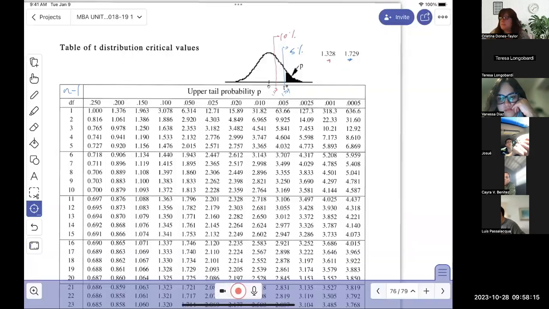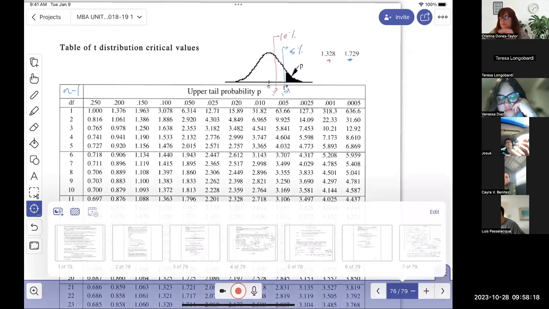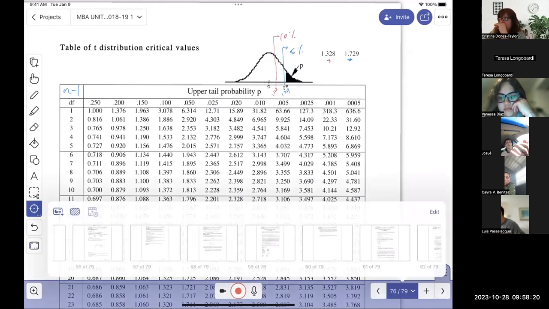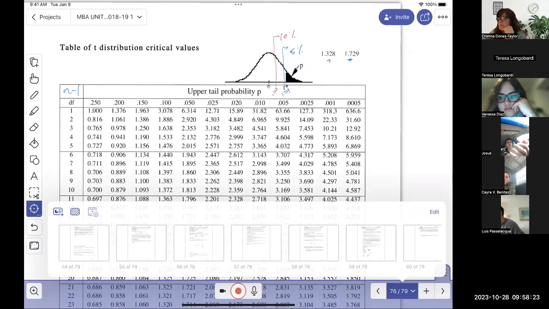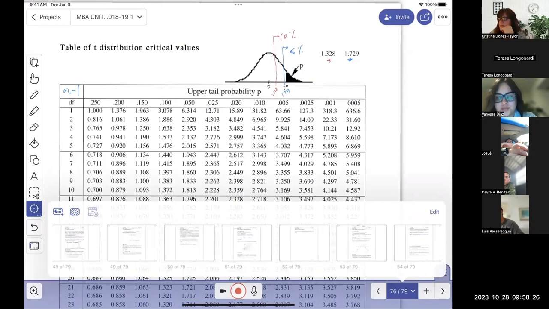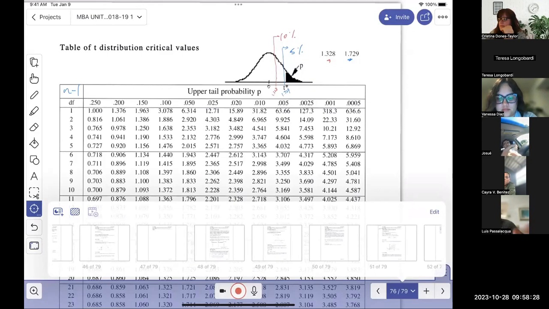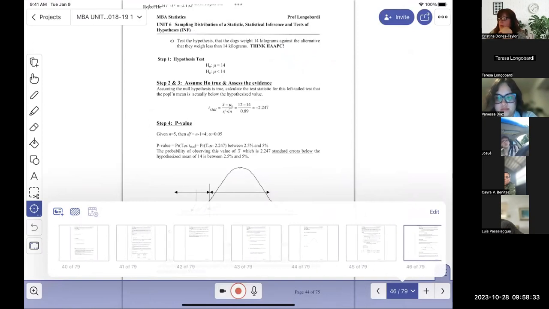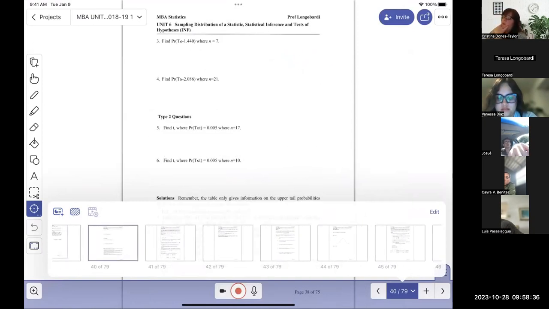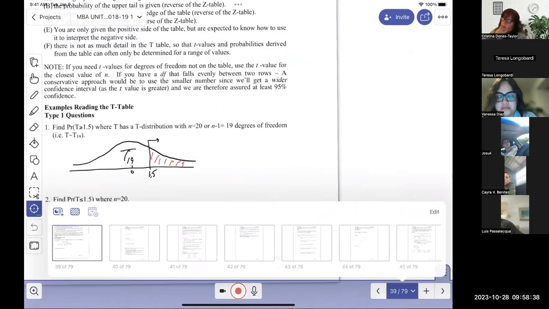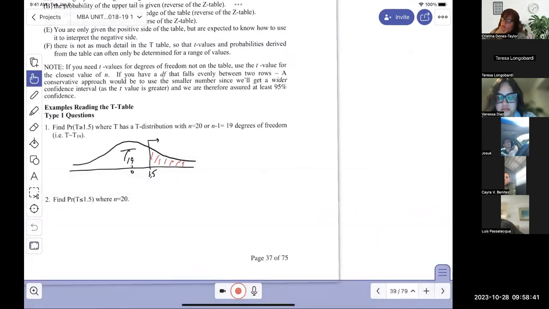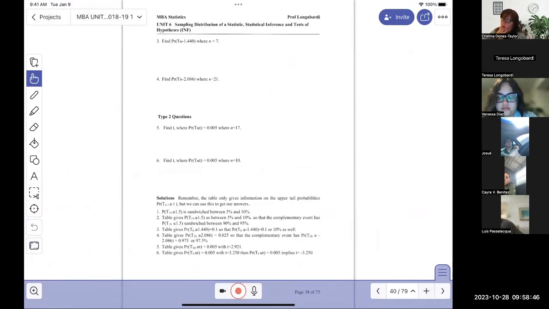So the answer is... So what we would use normally would be Excel, in real life, you mean? Yeah, in real life, you would use Excel or software. Okay. Yeah, so here I said the answers are all here.